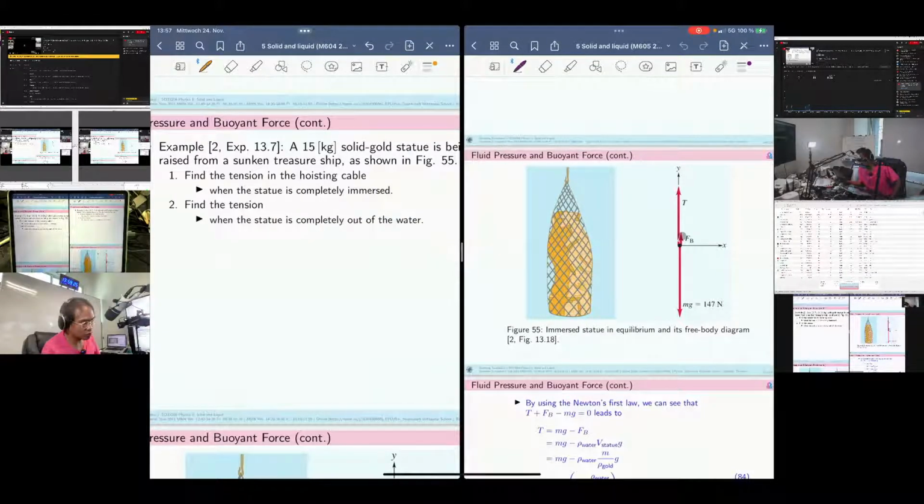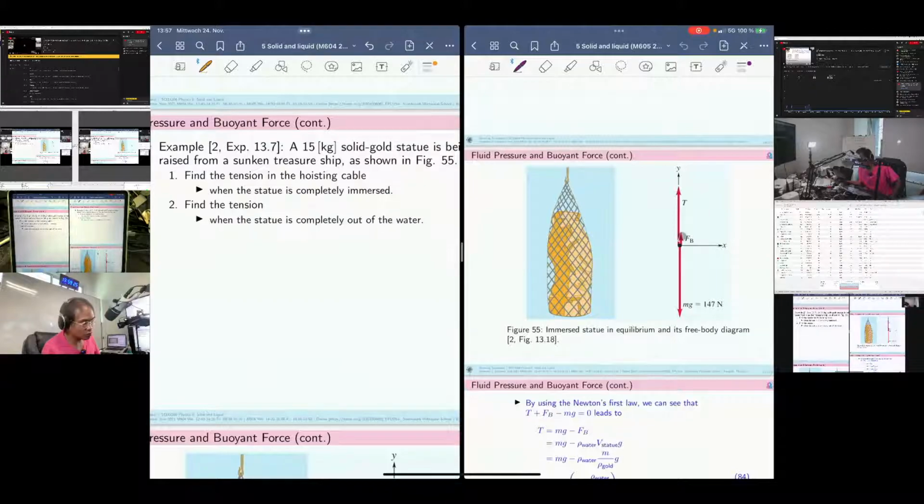There is the hoisting cable, and when the statue is completely immersed, in the first situation, you are lifting this statue up by using the hoisting cable, and that's the first situation.